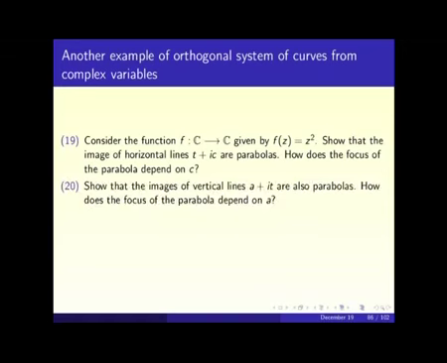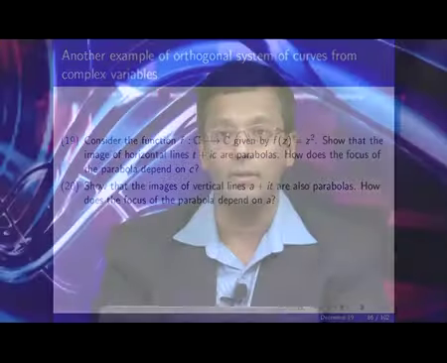Now we have taken the image of horizontal lines. Let us look at the image of vertical lines. a plus it, when t runs over the real numbers, is a vertical line passing through the point (a, 0). So if I take z equal to a plus it, what is z squared? a squared minus t squared plus 2iat.